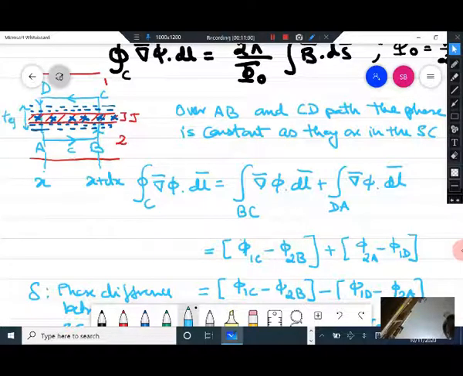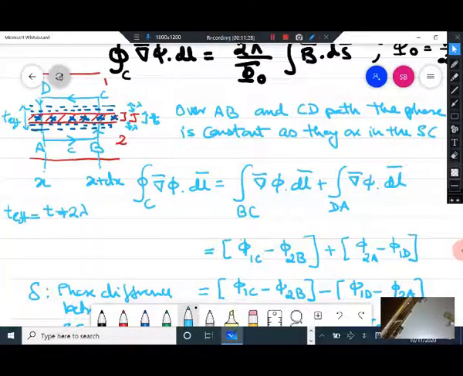If this is T effective, and this is lambda and this is lambda, then T effective is T plus twice lambda, the thickness of the junction plus twice lambda.